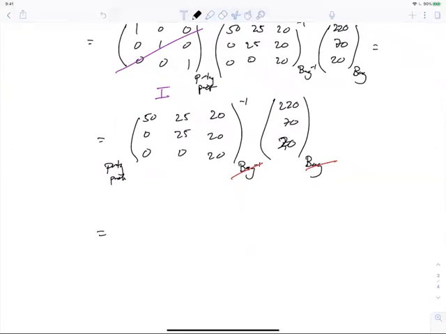So what is that inverse? The inverse happens to be something that looks like this. I'm using a computer to do this, so I don't expect you to do this in your head, of course.